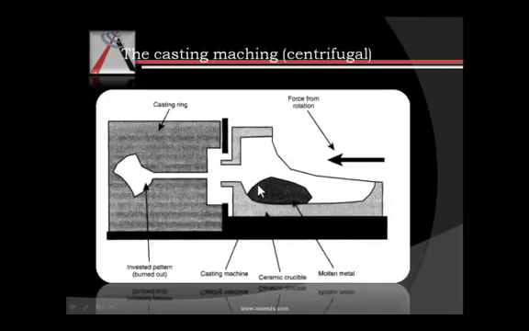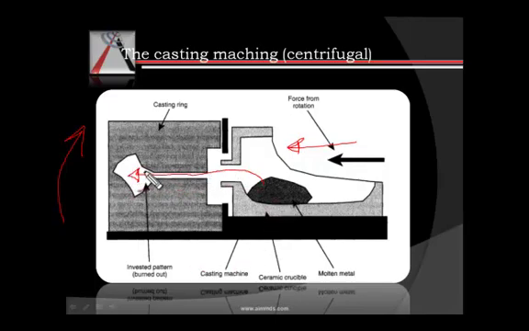Now once we have a molten metal in the crucible, this crucible and our casting ring are both placed on a centrifugal casting machine. This casting machine is rotated, and because of the centrifugal force, this molten metal is forced into the mold cavity.